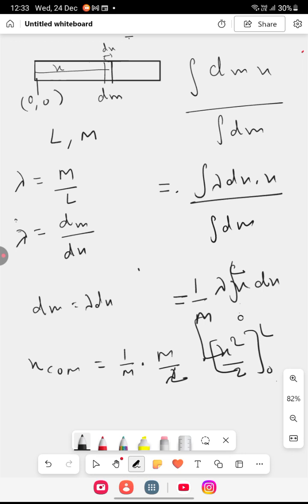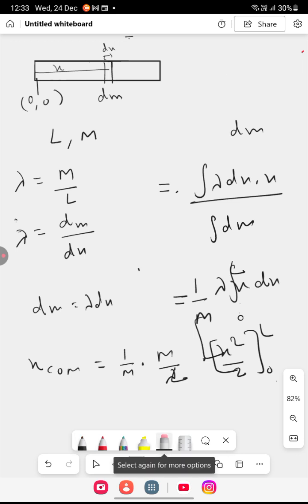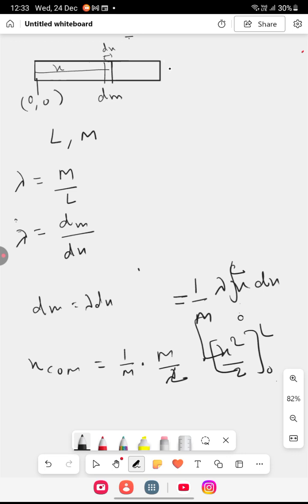Solving it, x center of mass equal to, M and M cancel, so from here L, and putting the value of x square as L square upon 2, L and L cancel.